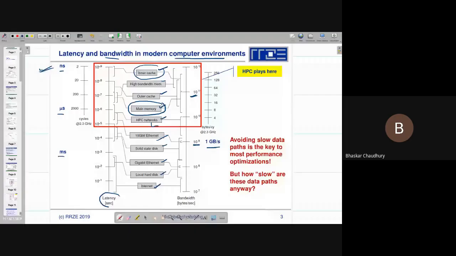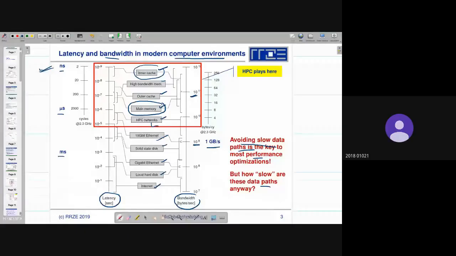There is latency and there is bandwidth, and these are the important issues. How to avoid slow data paths is the most important technique to learn to optimize performance. And how slow these data paths are, that quantitative understanding we can get from this picture. This part is clear to all of you?